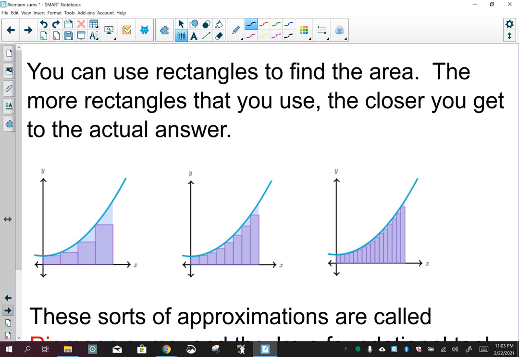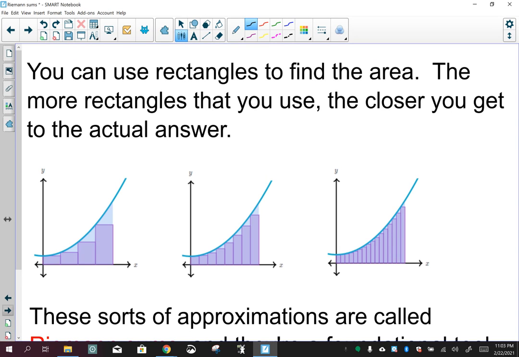The key is when you're trying to find the area under a curve, you want to use as many rectangles as possible. Now, I can't tell you to use an infinite number of rectangles because you're not going to be able to draw them that small and figure out the width and the height and everything else.